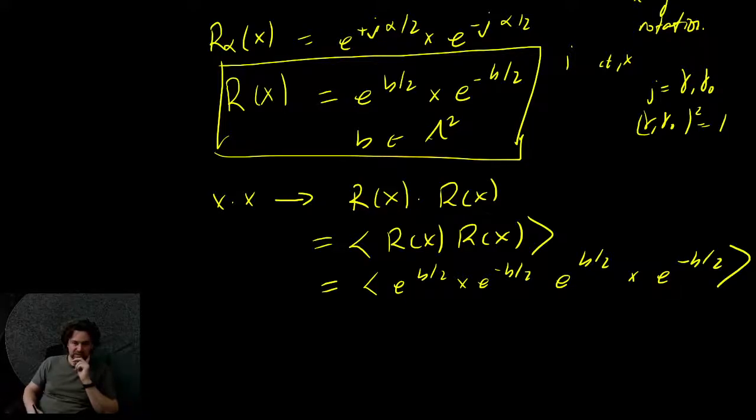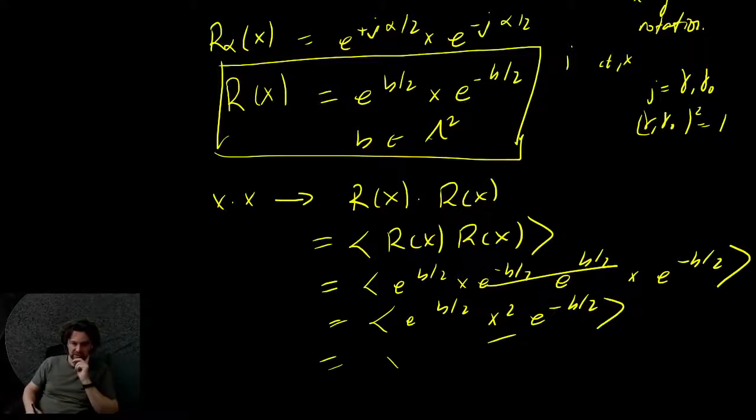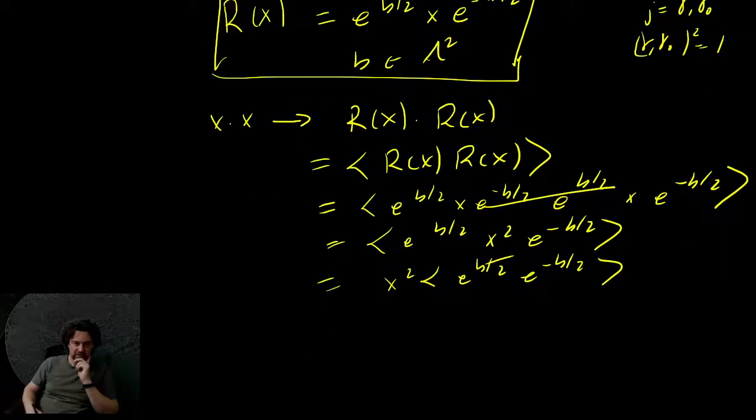Take the scalar part, and here we have a 1, so we're left with e to the b by 2 x squared, e to the minus b by 2. X squared is a scalar, so we can pull it out. We're left with x squared, e to the b by 2, e to the minus b by 2. And what do you know? We're just left with x squared.